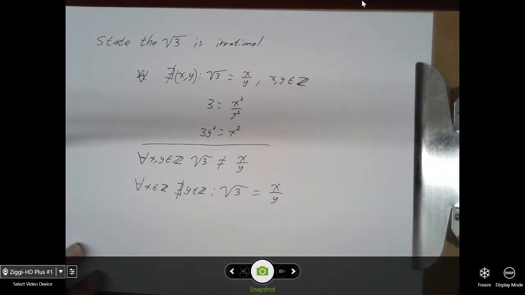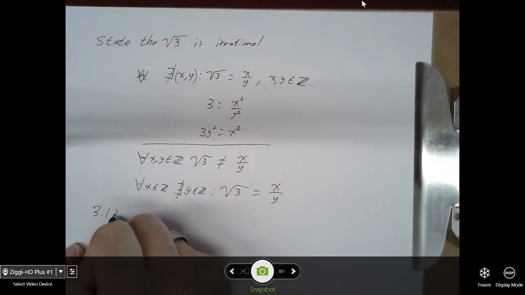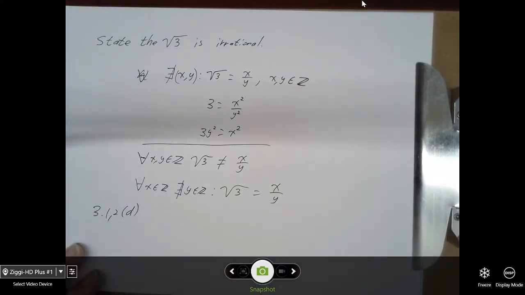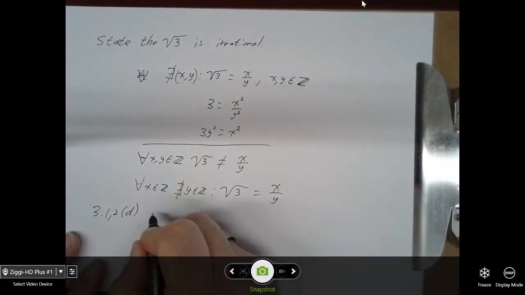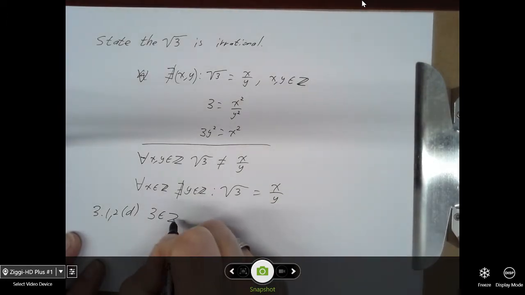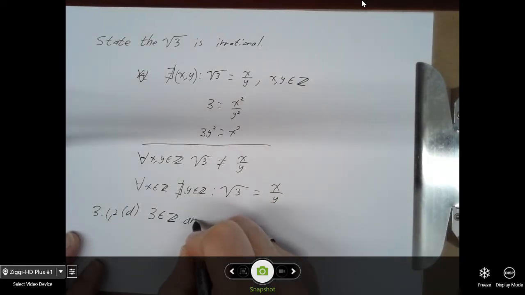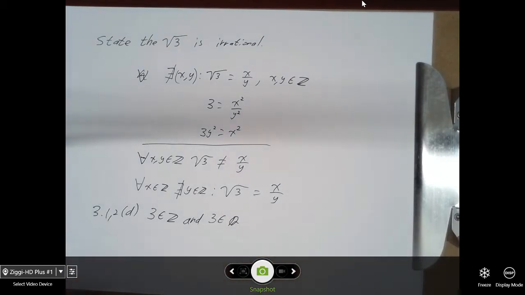So 3.1, 2D. This says 3 is an element of Z and 3 is an element of Q. 3 is an integer and it's also a rational number. And we want to write this as a series of propositions and a compound proposition.